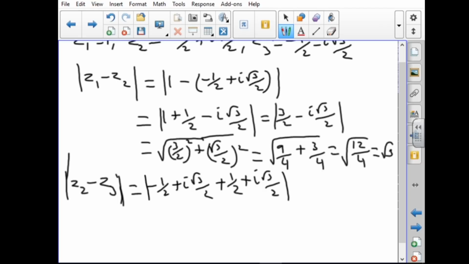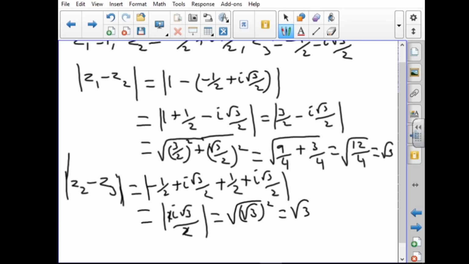So the 1 by 2 terms get cancelled, and it becomes the modulus of 2i root 3 by 2. The 2 gets cancelled and the modulus of i is 1. So we get the square root of root 3 square, which is equal to root 3.